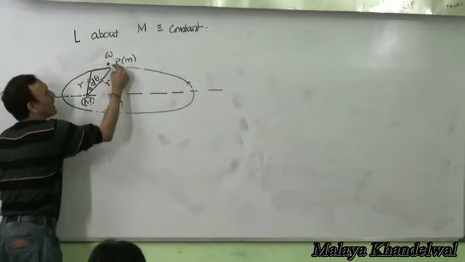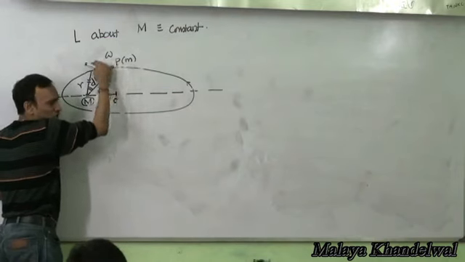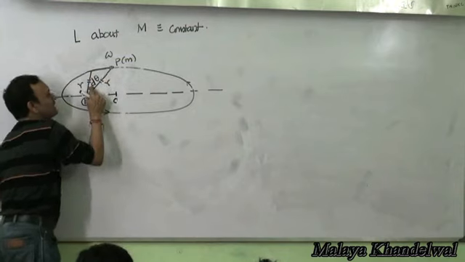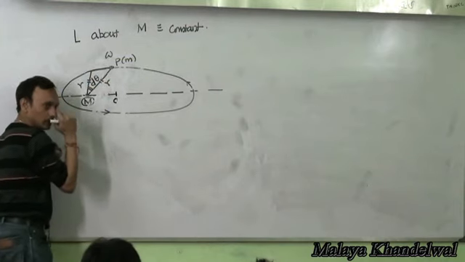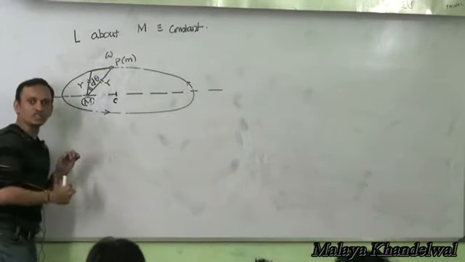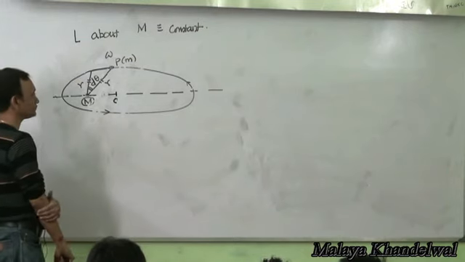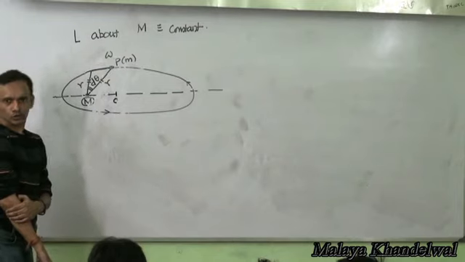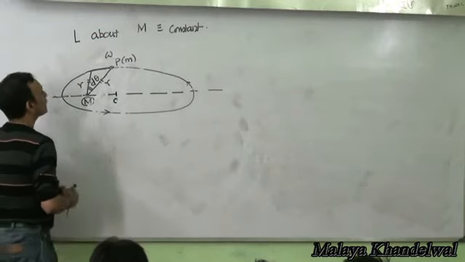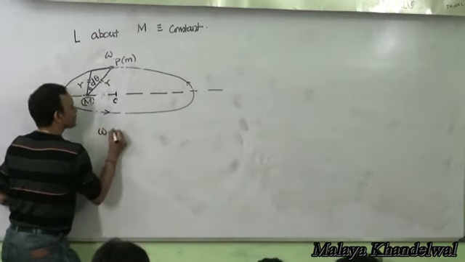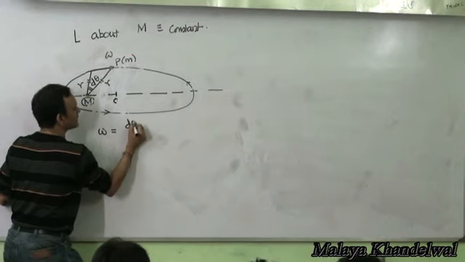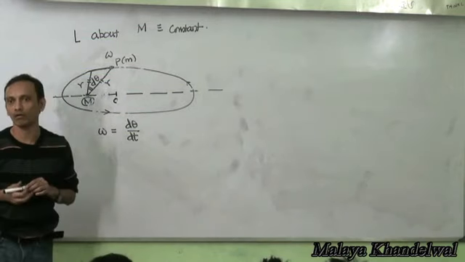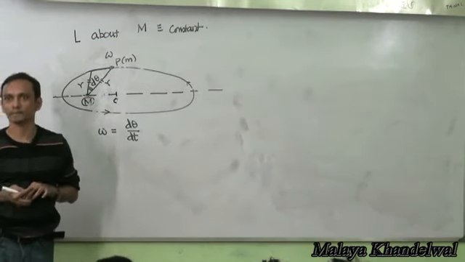This is practically like a circular arc whose center is capital M and whose radius is small r, and the sector angle is d theta, right? Yes or no? No issues, right? And then omega is the angle described at the center in time dt. That's omega.